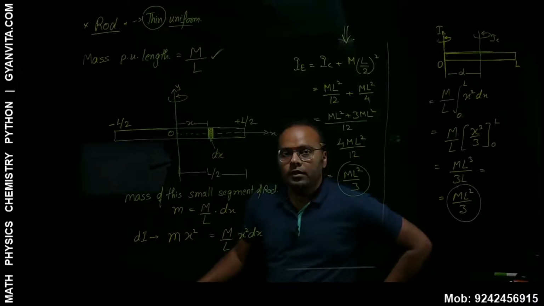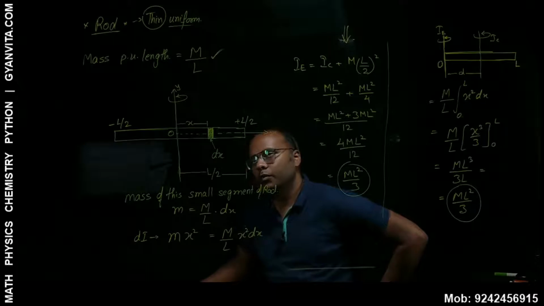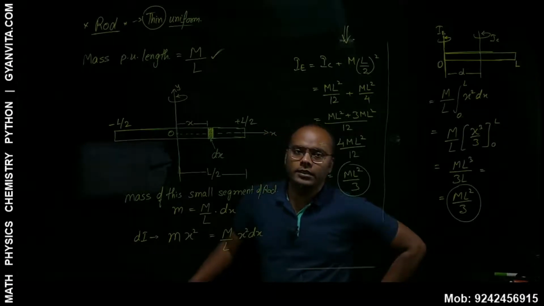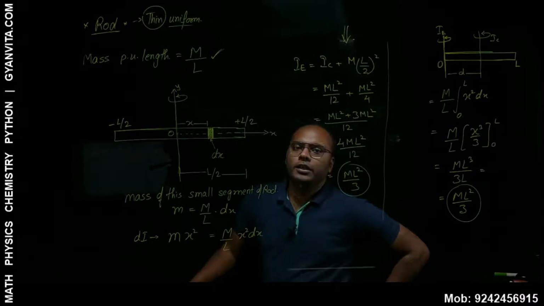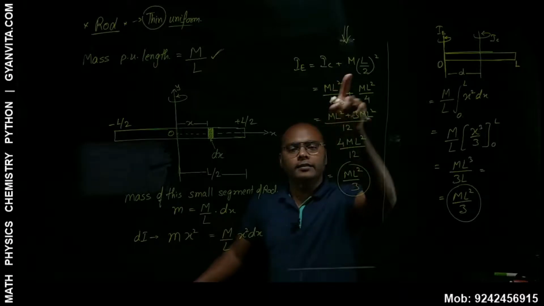But if it is given that first derive the moment of inertia along the center and then find the moment of inertia along the end, then you will have to do this method and then the parallel axis theorem.